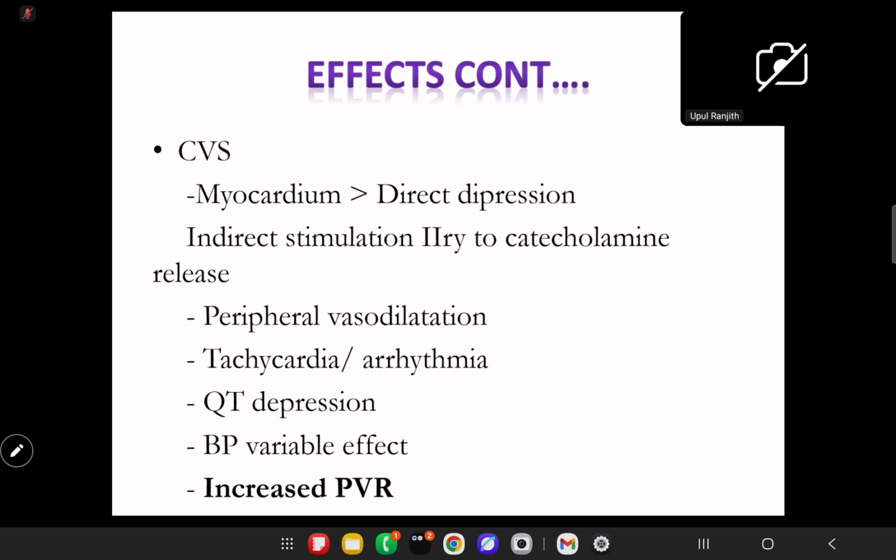Therefore, increased pulmonary vascular resistance, I have written in bold letters because it is very, very important for you, the anesthetists. Increase in pulmonary vascular resistance due to hypercarbia is very clinically relevant to you. That is why I have bolded those letters.